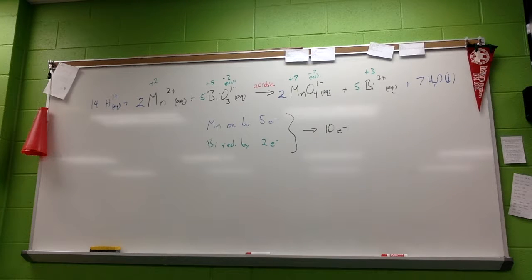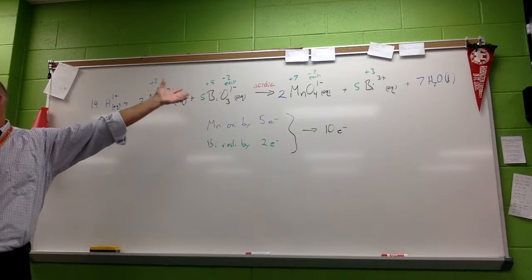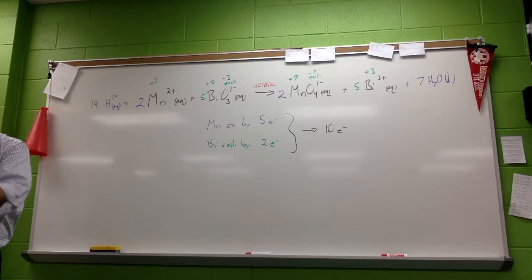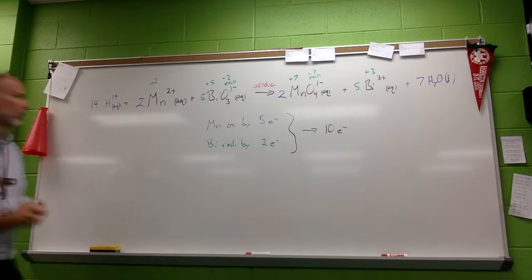You can't have an increase or a decrease in charge. So that's a nice little check to see if you did everything right. We can clearly check the atoms because we actually made the atoms balance. Now we just need to check the net charge on each side of the equation.